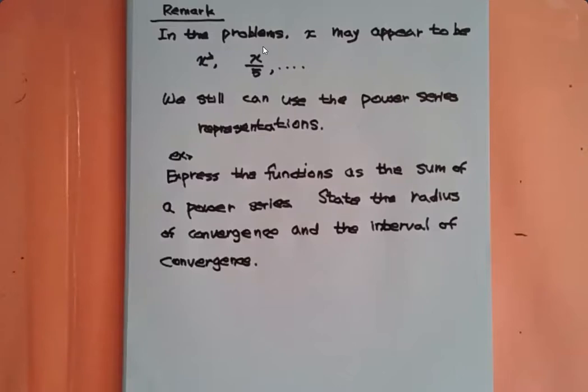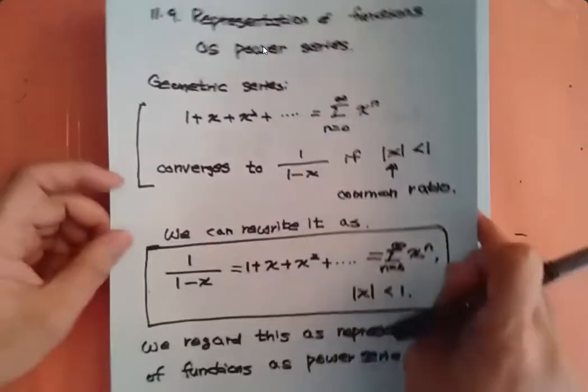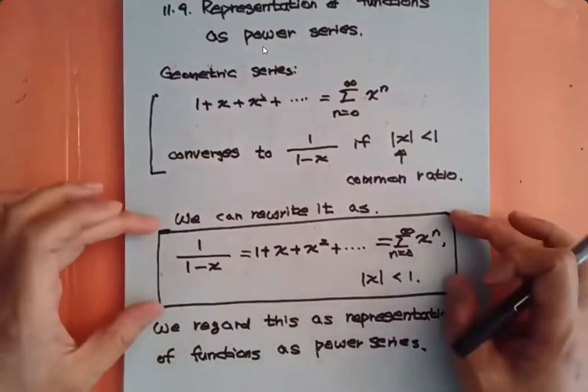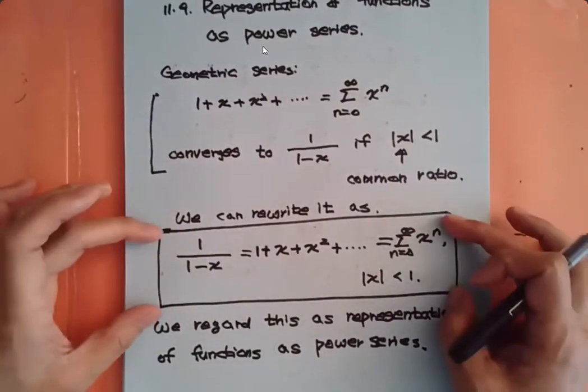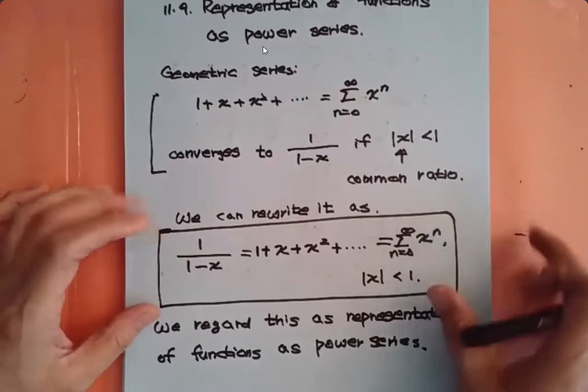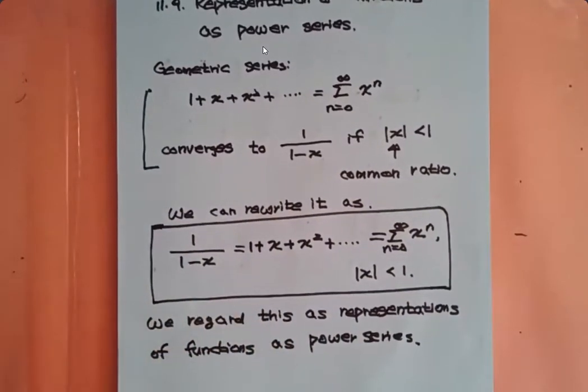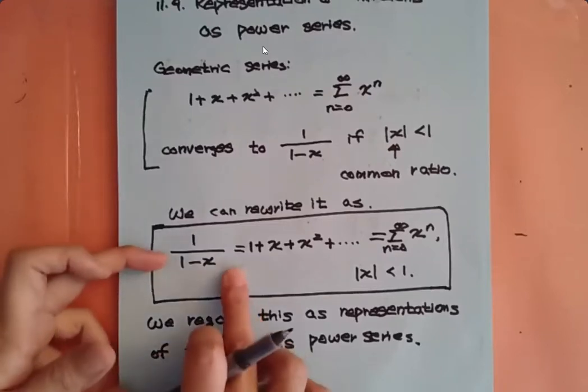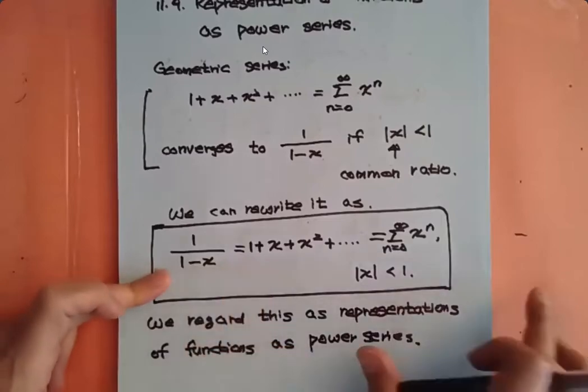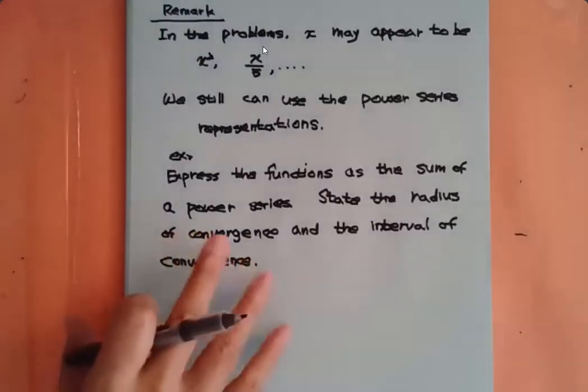The original function we have to use is this one, but there will be certain perturbation, and we have to convert the given format of the function into this format and use this formula. Let's see how to do it.